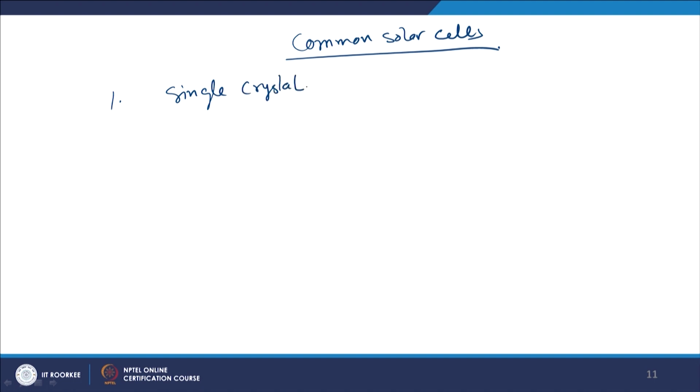Now, there are different types of solar cells, known as the common solar cells. First, single crystal silicon, we have already discussed single crystal silicon. Second, multicrystalline silicon. Third is amorphous silicon.